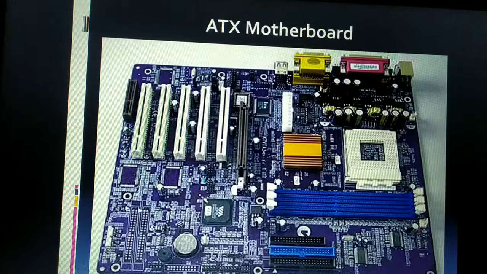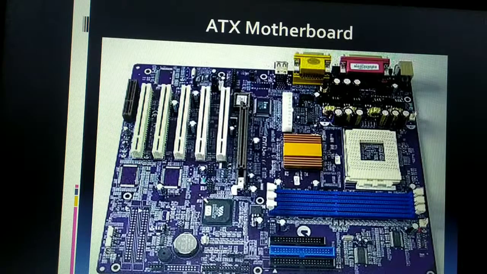If you want to play a CD in your computer system's CD-ROM drive, or use an external hard disk to copy files from your computer to the external hard disk drive, then we make use of an IDE port. So that is also there.